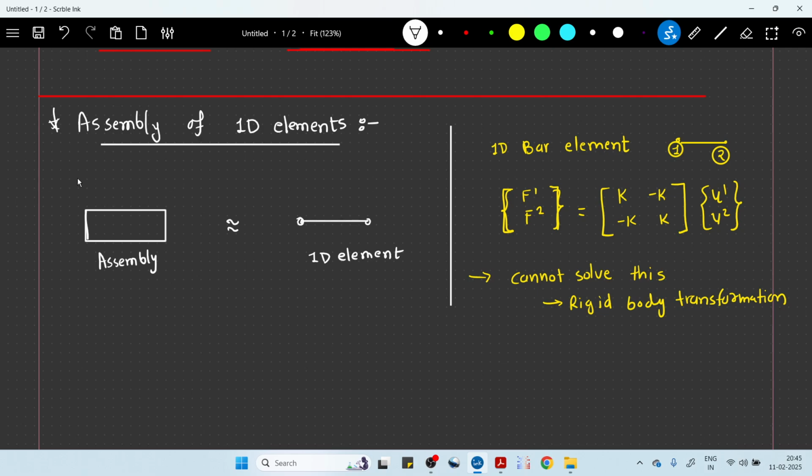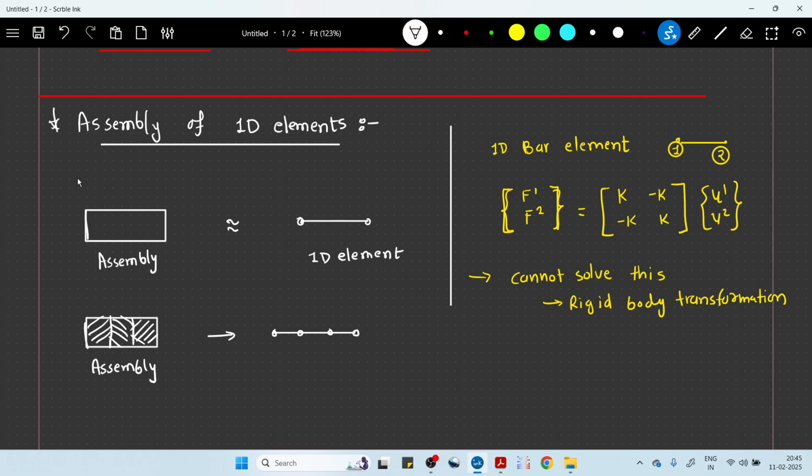So what if we divide or discretize this structure into a finite number of elements? We can do that. For example, I will divide this and represent it something like this.